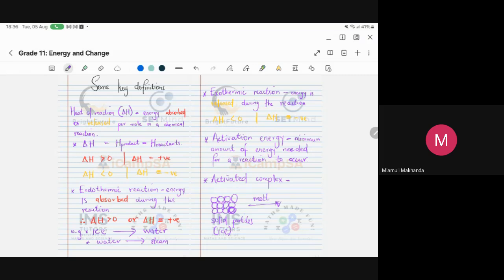What will happen? During the course of this ice melting, these molecules will start breaking up, right? The bonds between them will start breaking. So these particles get excited.